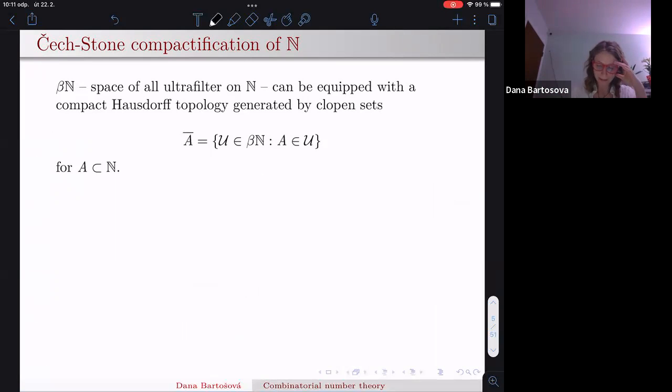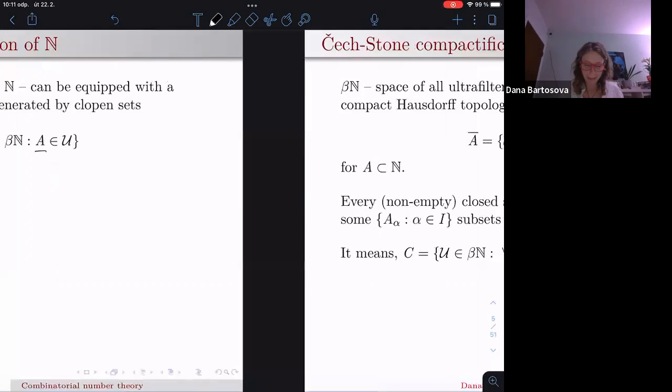And those clopen sets come from subsets of natural numbers. So we have a bijection between the subsets of natural numbers and these basic clopen sets. So for every subset of natural numbers, we are considering those ultrafilters that contain this set. So, in a way, quite simple.